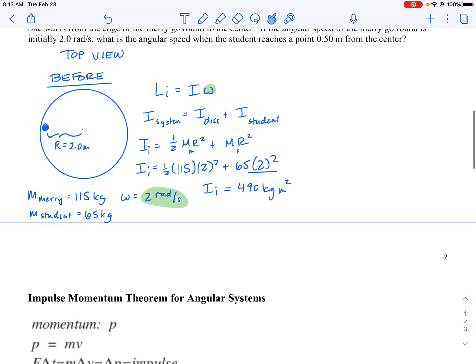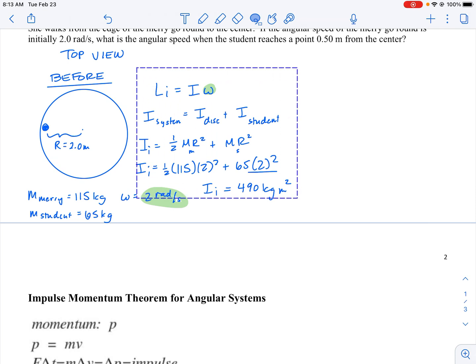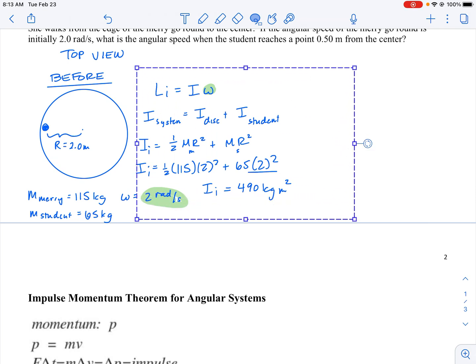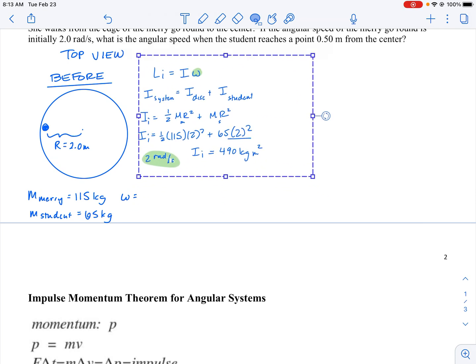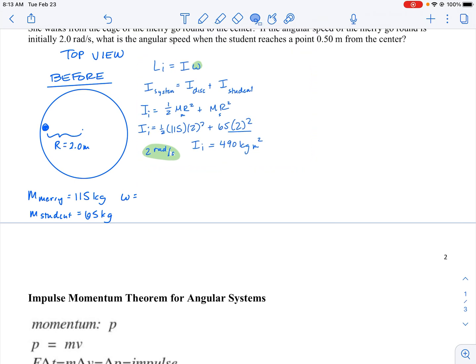I'm going to use Notability to cheat a little bit here and clean this up. Okay, so the angular momentum of the system initially is 490 kilogram meters. Ooh, I keep writing kilogram meters per second.